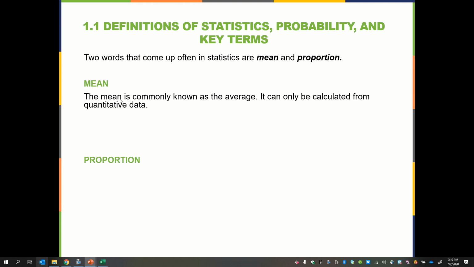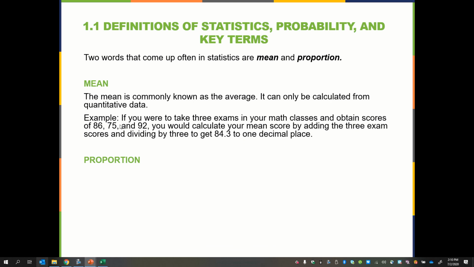So the mean is very specific. For example, if you were to take 3 exams with scores 86, 75, and 92, to calculate your mean score, you would add the 3 exam scores together as a total sum, then divide by how many exams you had to get your mean score.